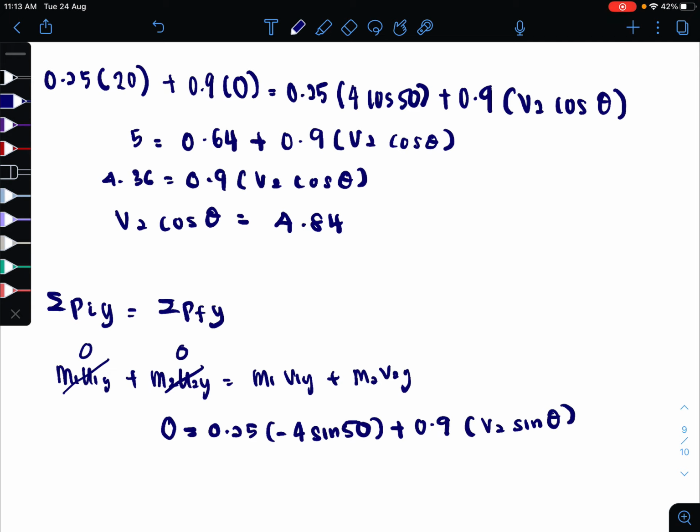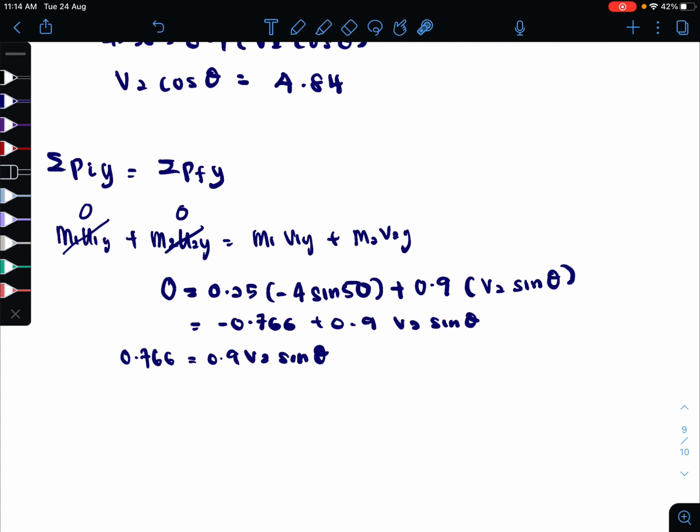And then you press your calculator for sin 50 multiply with 0.25. So kita akan dapat negative 0.766 and then plus with 0.9 V2 sin theta. So saya nak bawa this one to the left here sebab dekat left ni ada kosong saja, so become positive. 0.766 sama dengan 0.9 V2 sin theta.